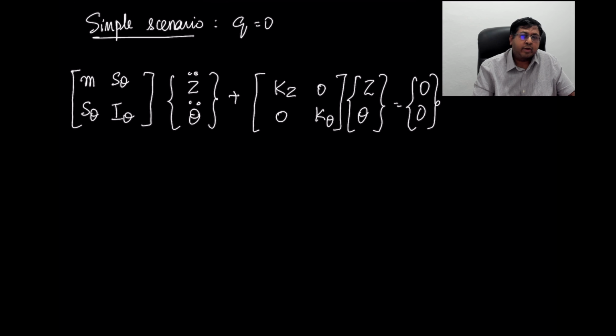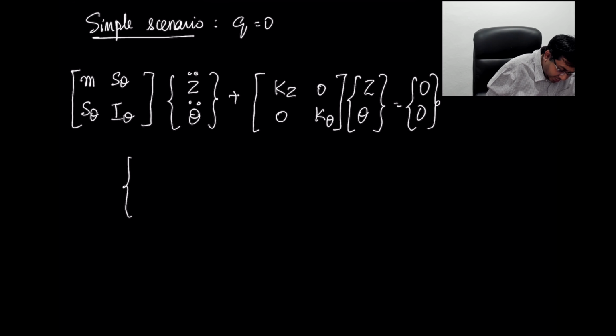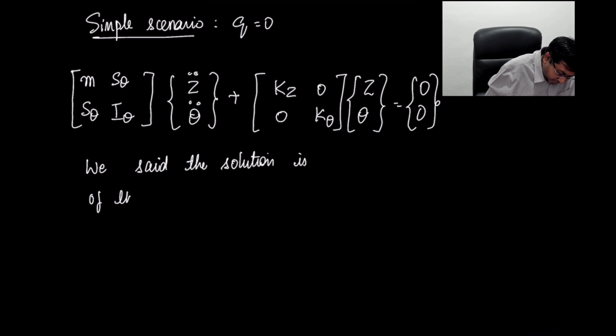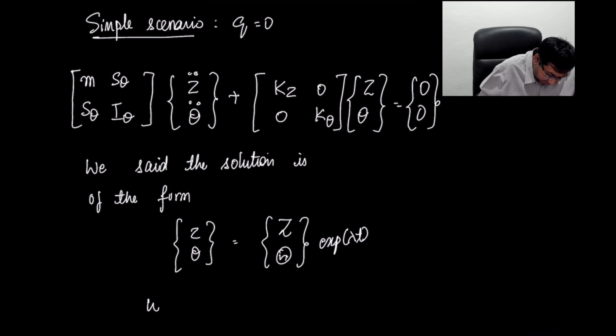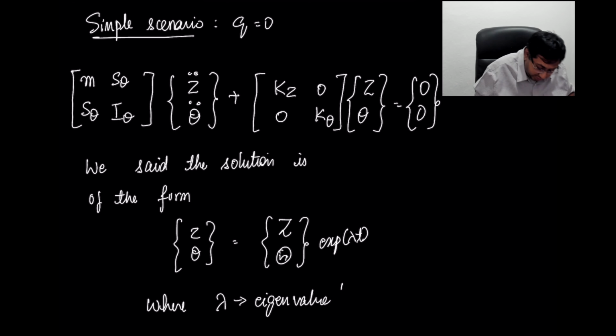One thing that we remember is that we had assumed that the solution is of the form [z, theta] equal to [z0, theta0] into exponent of lambda t, where lambda is nothing but our eigenvalue or our natural frequency, right?